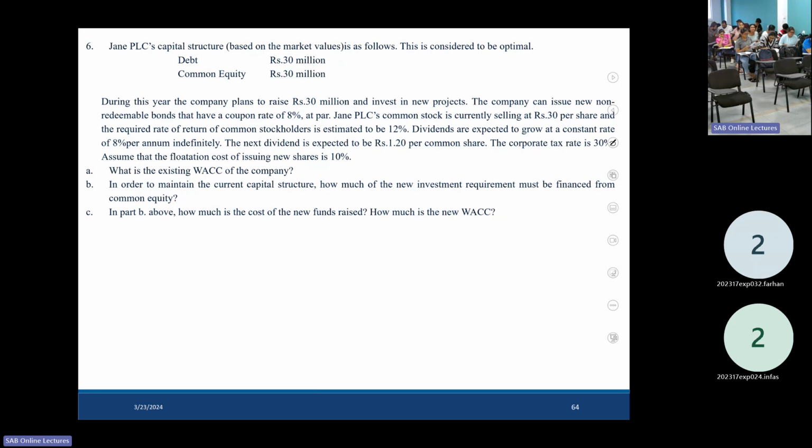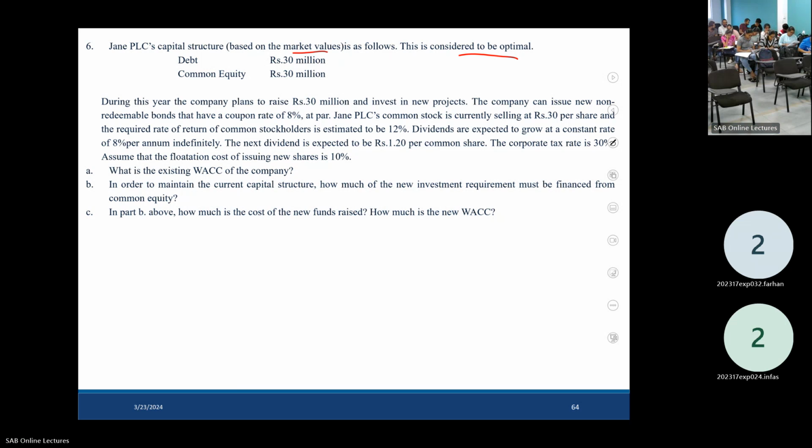Even though you raise an additional 100,000, your capital structure is the same. It is your desired capital structure. It is the optimal one. It remains constant. Right, you are given a capital structure which is considered to be optimal.